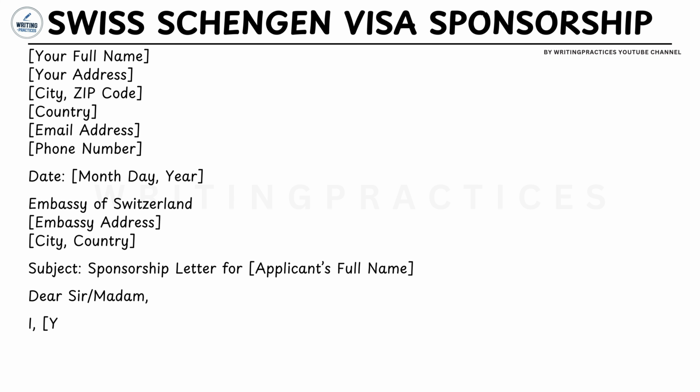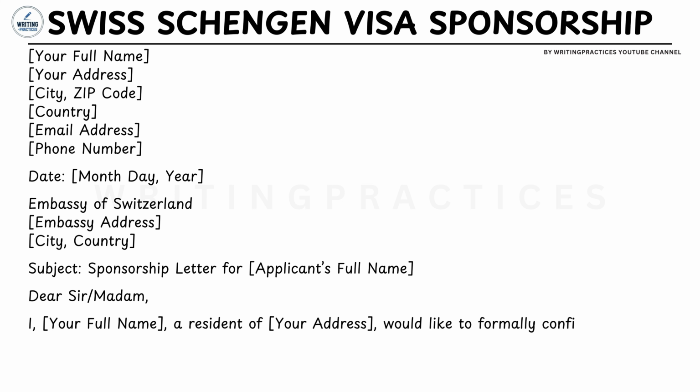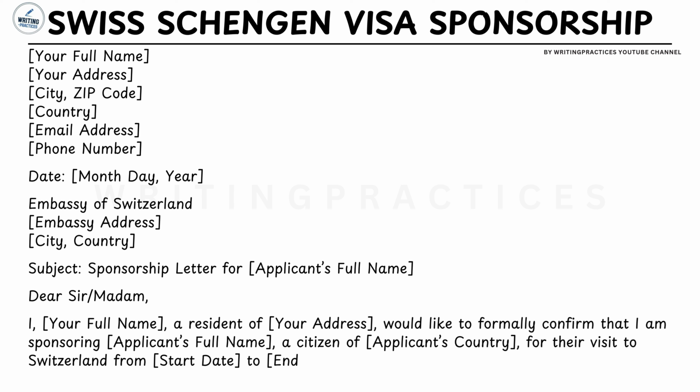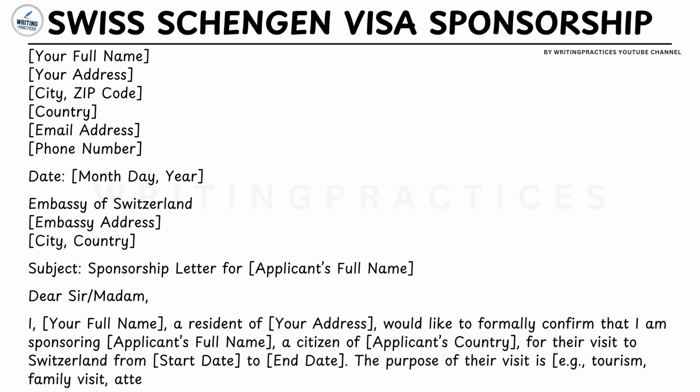Opening paragraph, confirming the sponsorship. The first paragraph of your letter should clearly state that you are sponsoring the applicant's visit. Example: I, your full name, a resident of your address, would like to formally confirm that I am sponsoring applicant's full name, a citizen of applicant's country, for their visit to Switzerland from start date to end date. The purpose of their visit is tourism, family visit, or attending an event, and I will take full financial responsibility for their stay.